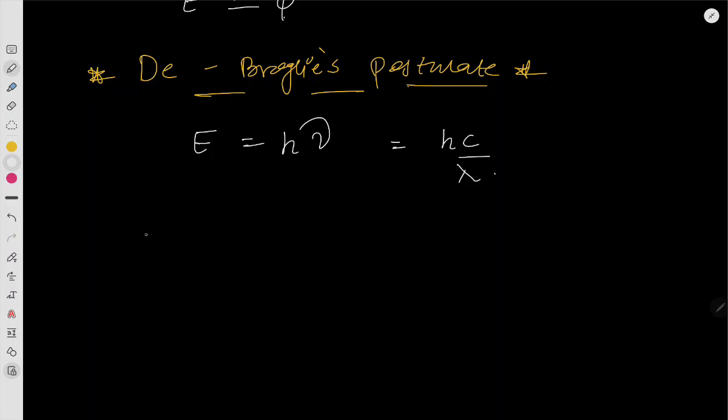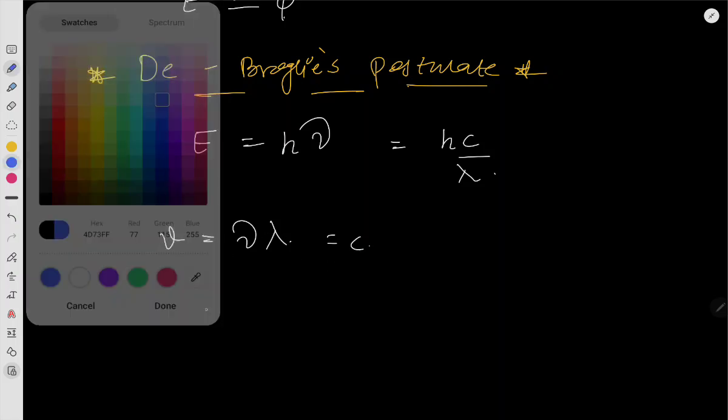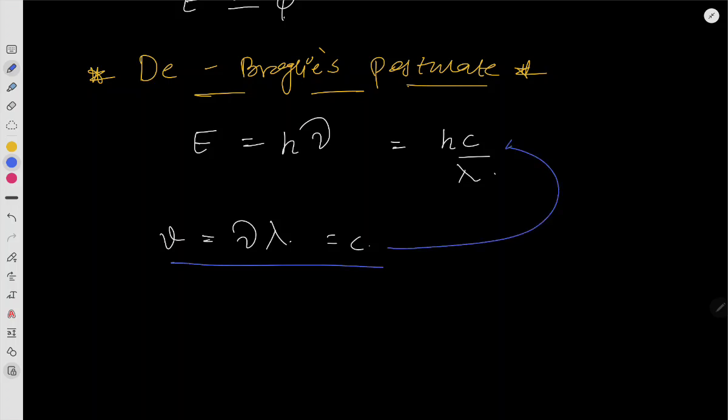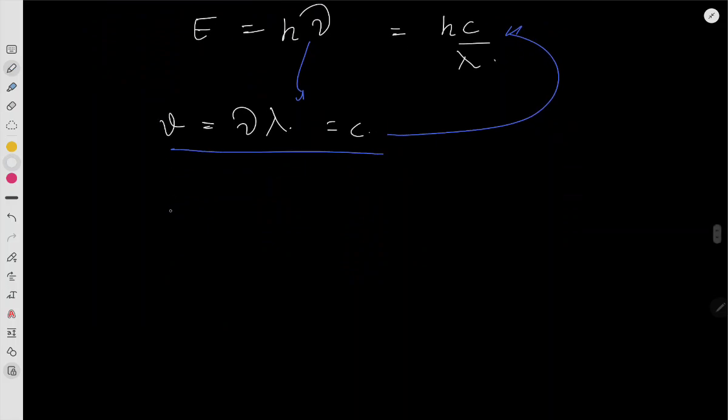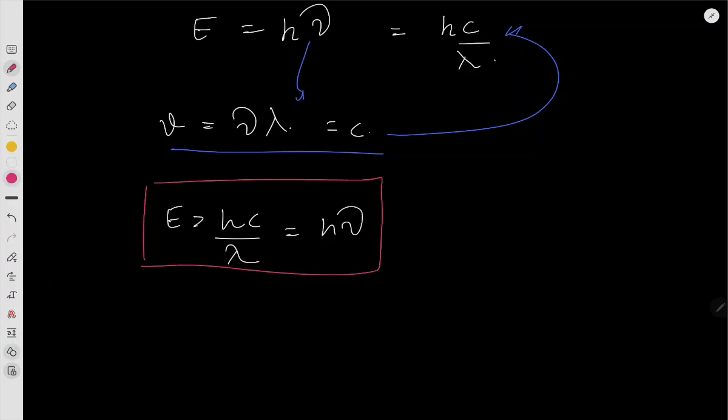As we can say, the velocity can be written as frequency times lambda, which is equal to c for a photon, and substituting this into the equation, we get E equals hc by lambda, which equals h nu, and this is de Broglie's hypothesis, and it is still a hypothesis.